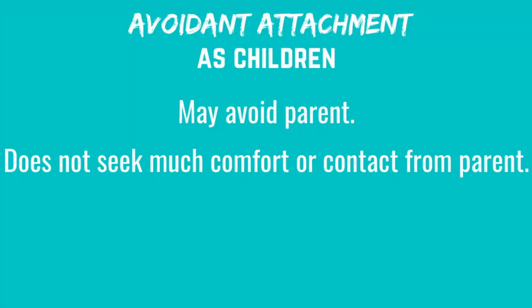And in secure attachment, if they feel frightened, they would run to the parent for comfort and security, whereas in this one, they don't really care if the parent is there, and if they're frightened, like when the stranger enters the room or starts interacting with the child, you can clearly see that the child is in distress, but it still doesn't approach the parent to feel comforted and secure.